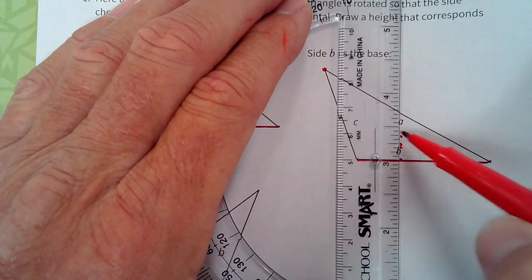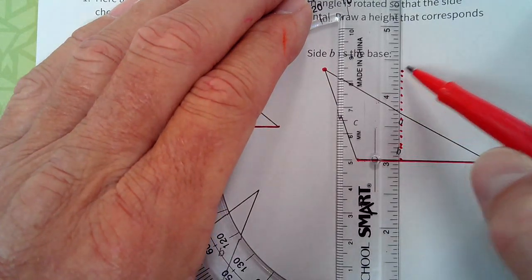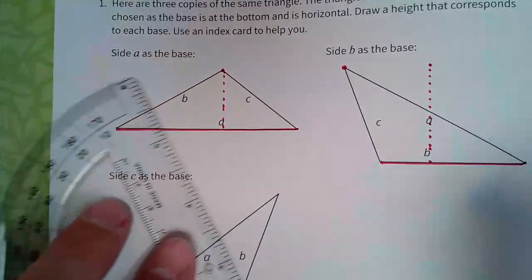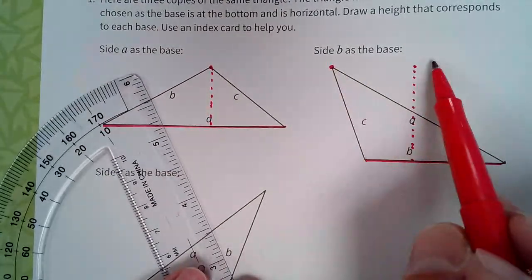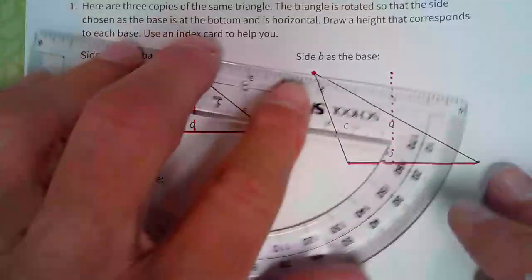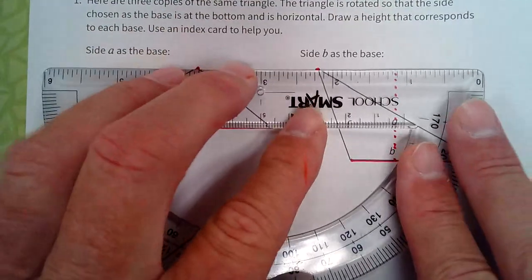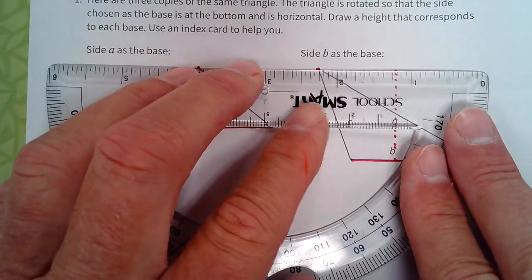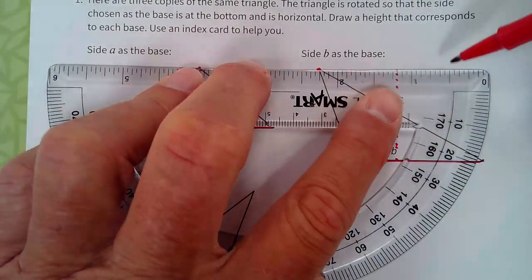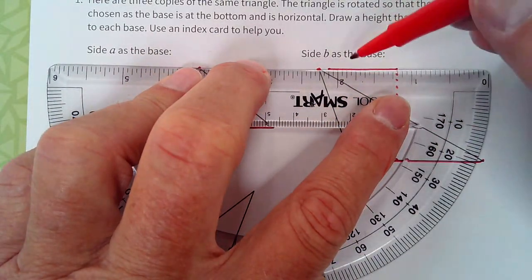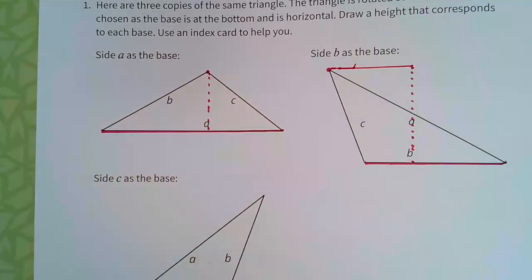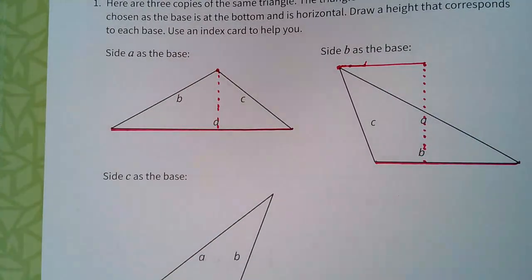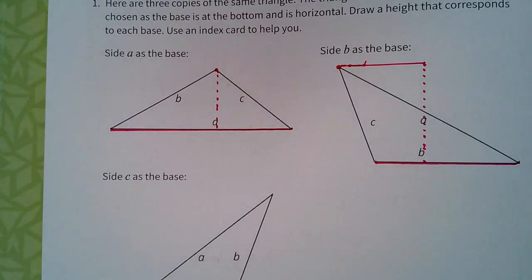And I'm just going to do some dots and dashes till it looks just about right. Okay, so that would be the height. Not quite right, but pretty close. Okay. And then for C, you could do the same thing.